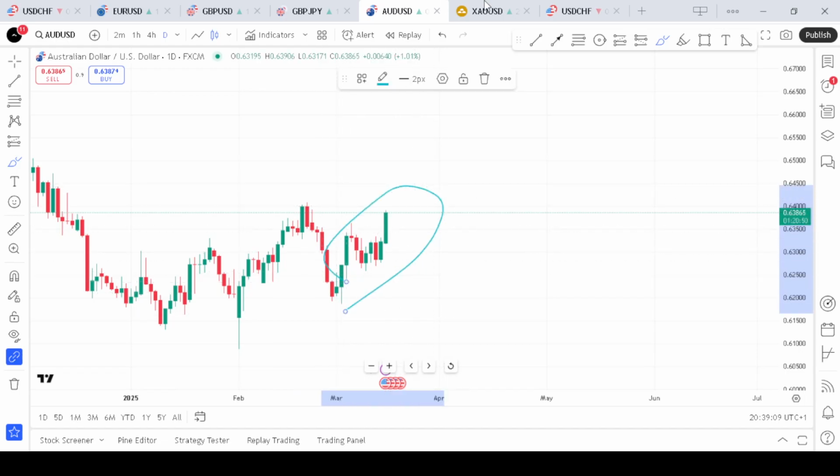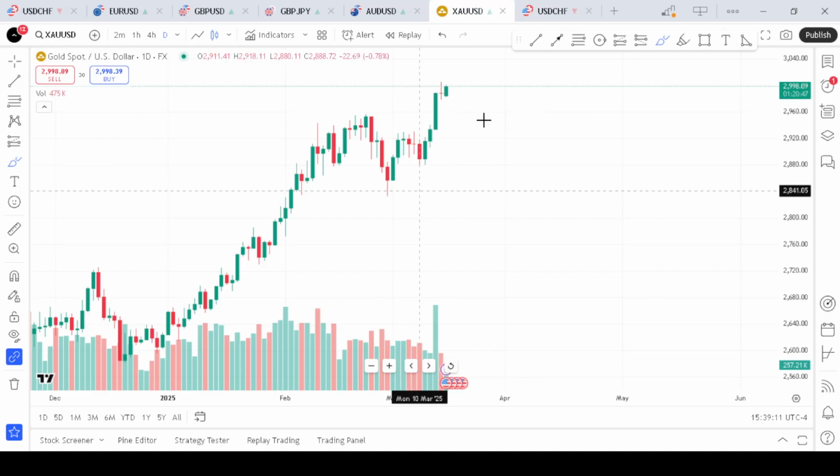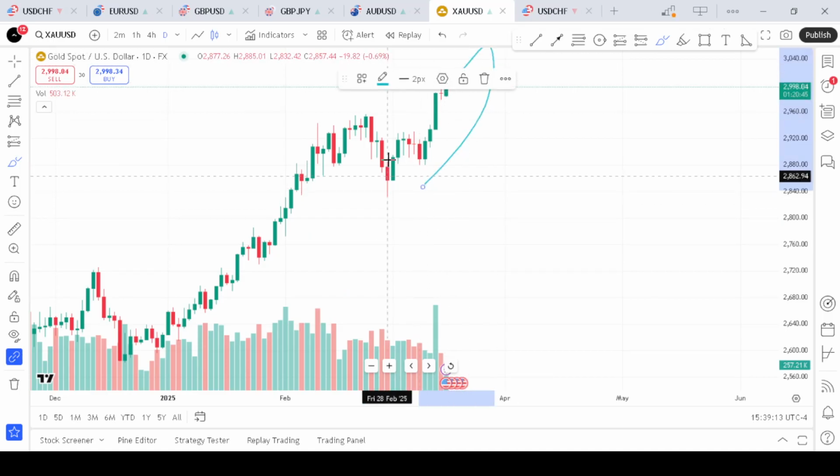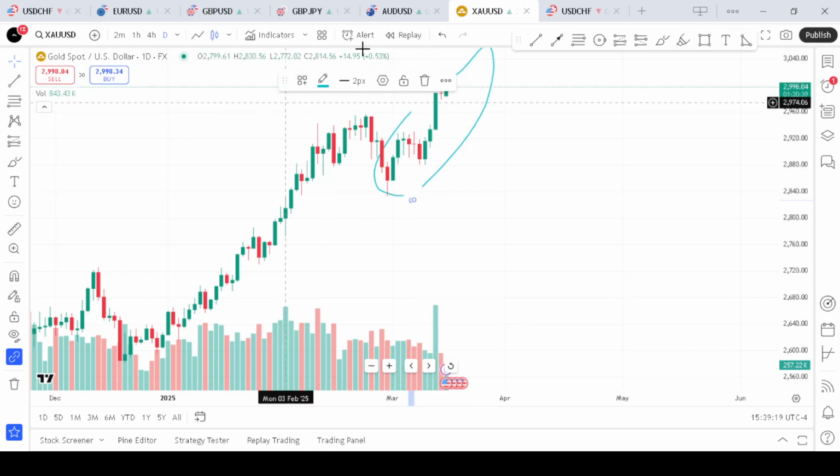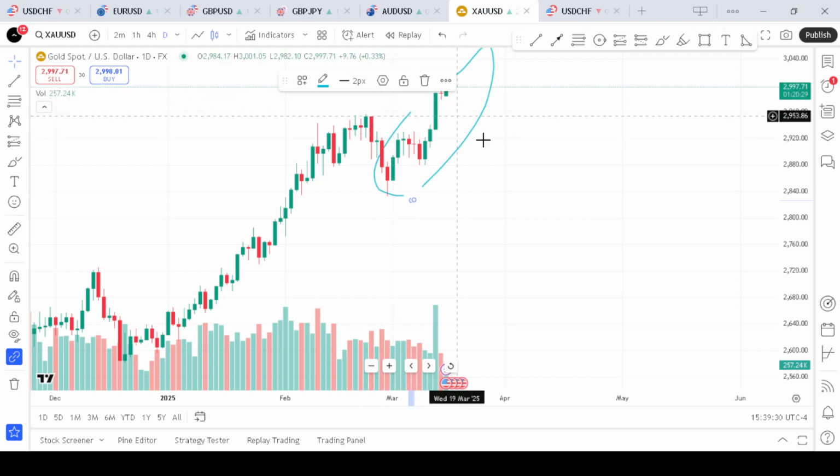As you can see, it's going to the upside, while gold is also trading to the upside. This signifies there is a positive correlation between the AUD/USD and gold. This is due to Australia's role as a leading gold producer.